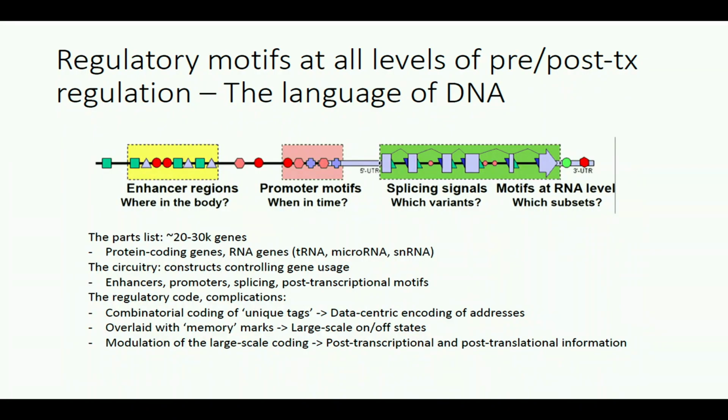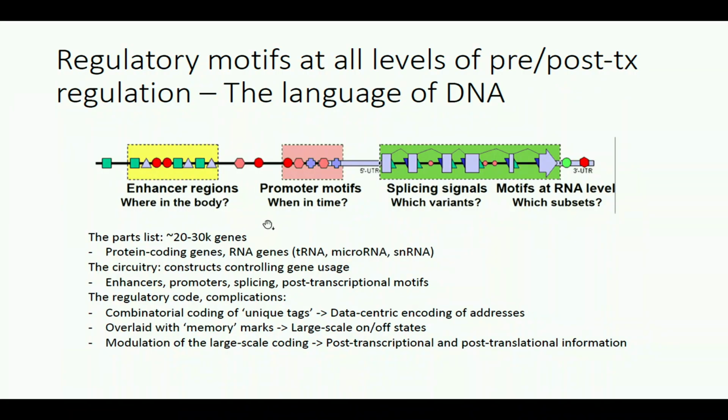If we think of our genes as a complex Turing machine, or a kind of machine, then our genes, the coding regions that are transcribed into protein, can be considered as parts, and all of these regulatory regions can be considered as a circuit.